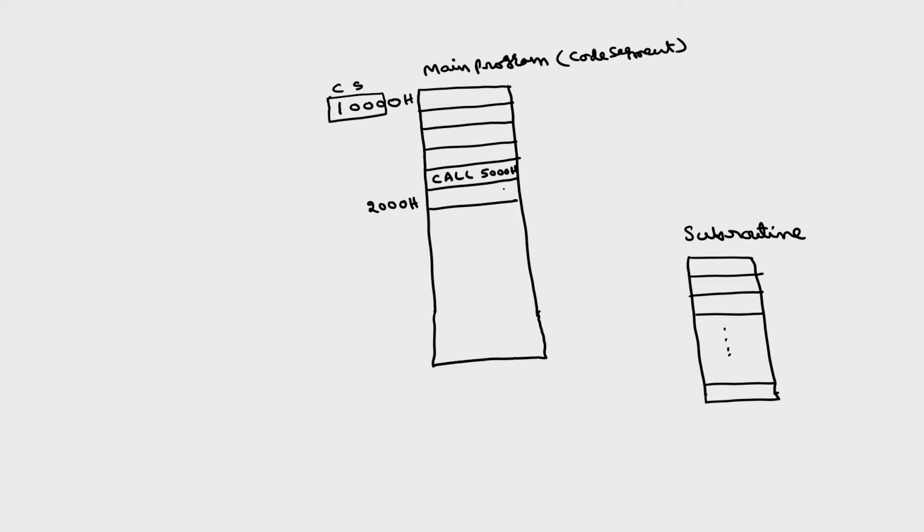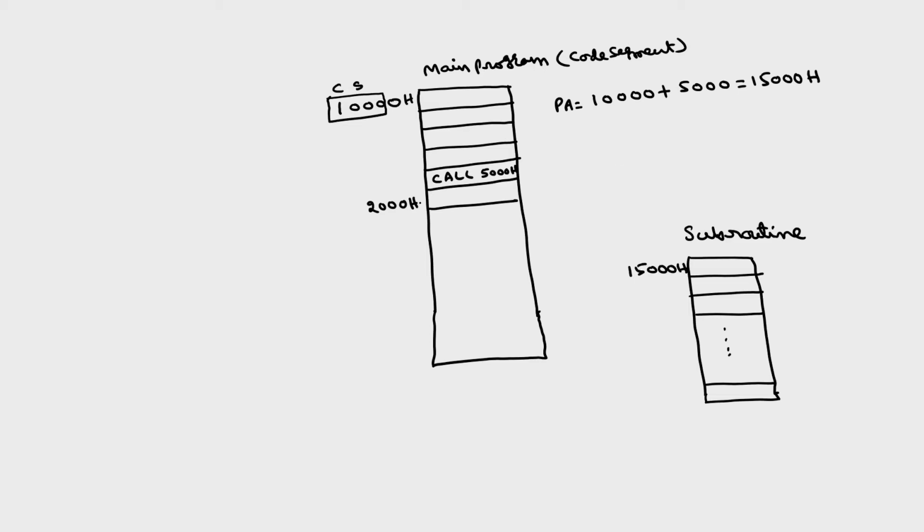Physical address of the call instruction will be 10,000 plus 5,000. Physical address will be 15,000. So, we have to write the subroutine from 15,000 onwards.